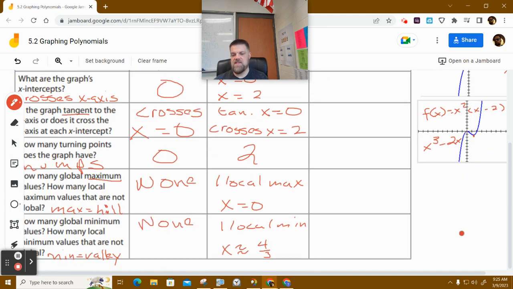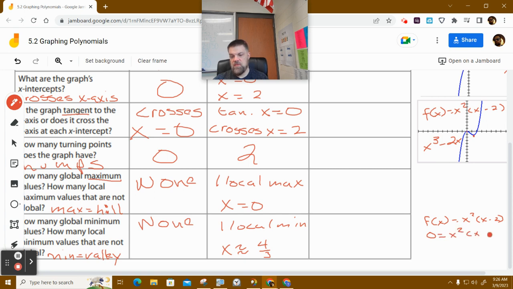To find these in both scenarios, if I say f of x is the y value, right? So if I say f of x equals x squared times the quantity x minus 2, right? And I set that equal to 0.